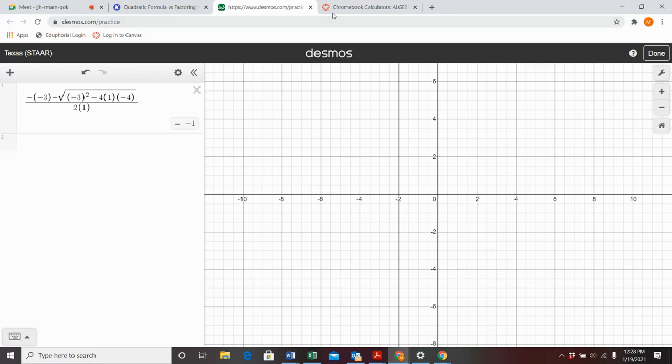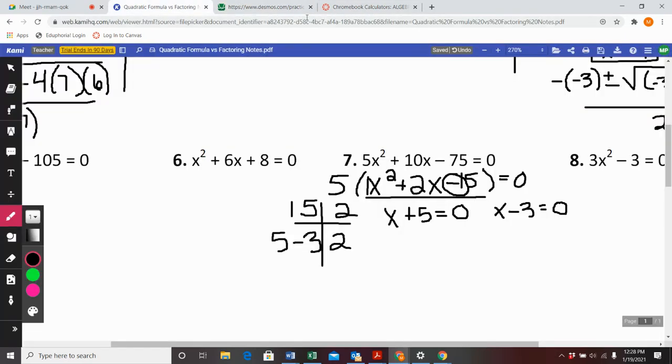No, that's right. Okay. All right. So then what I do is I minus 5, minus 5. So x equals -5. And then this one is +3, +3. X equals 3.